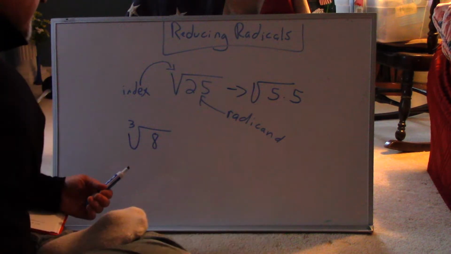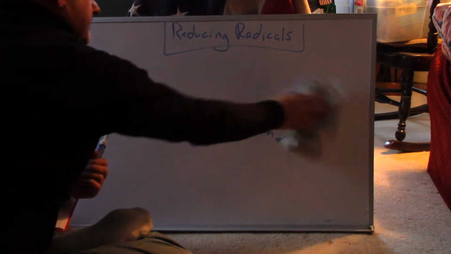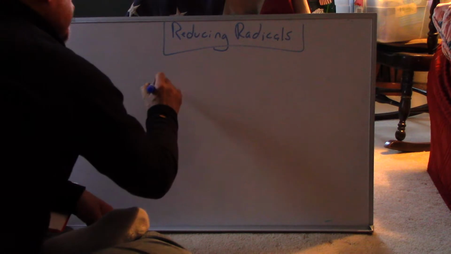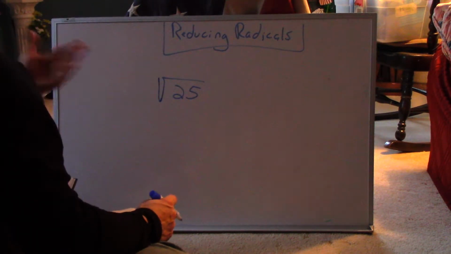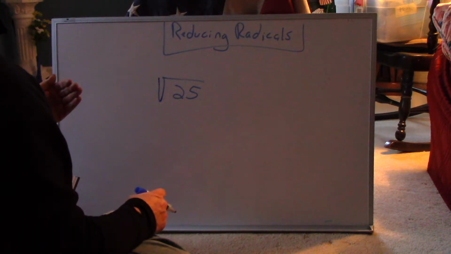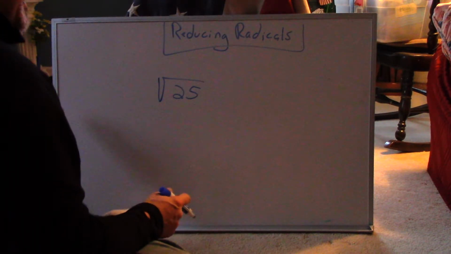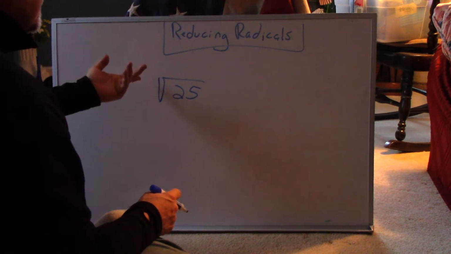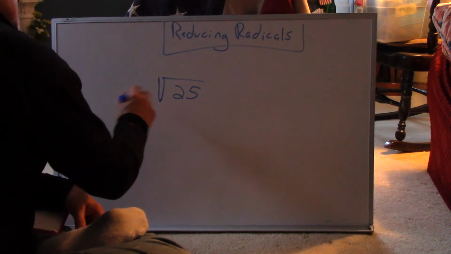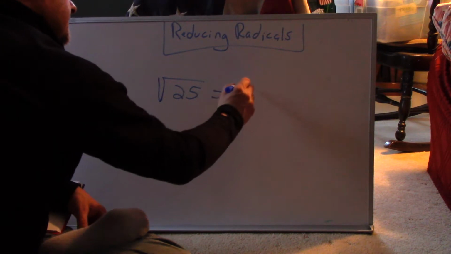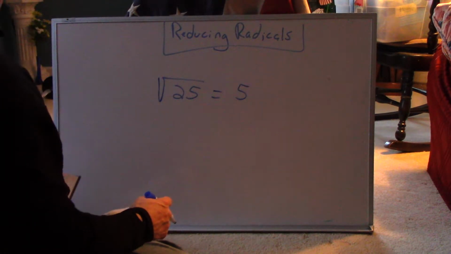Now, when you go to solve it, let me rewrite it in a neater way here. When you go to solve it, you're saying to yourself, what number can you multiply by itself to get me 25? 5. So that's it. It's a number multiplied only twice by itself. So then the answer is 5. Well, you can put it here. So the square root of 25 is 5.